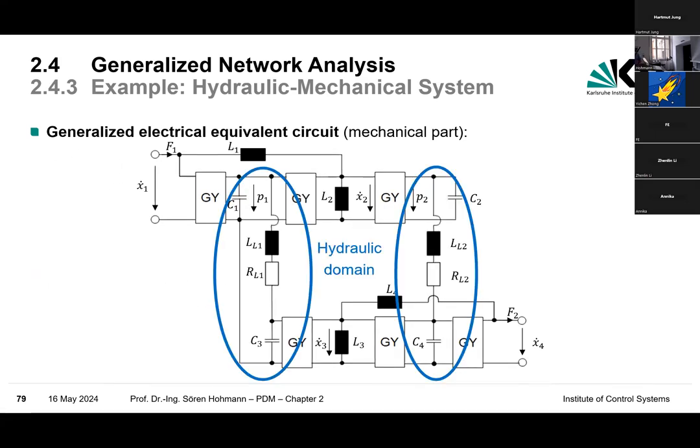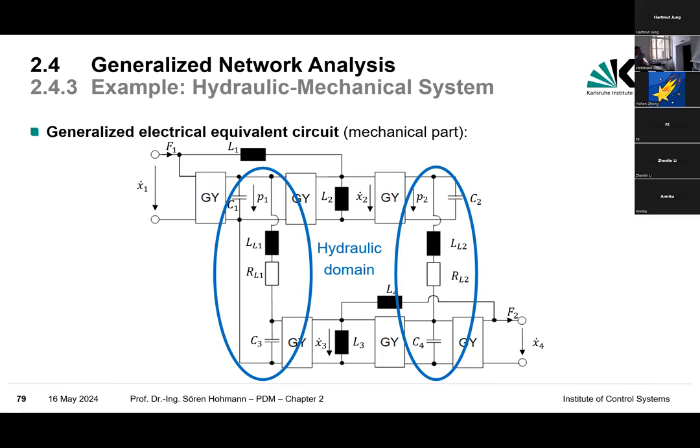So at the very end, you find these two capacitors and also C3 and C4, what I mentioned before. And on the opposite side, you find again a direct mechanical link. Then the hydraulic to mechanical, which is over here. Then again, mechanical to hydraulic and hydraulic to mechanical. So there are various options to put the gyrators.